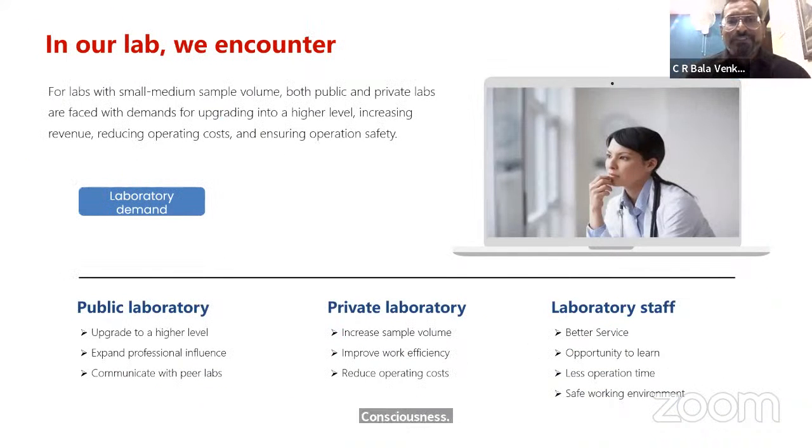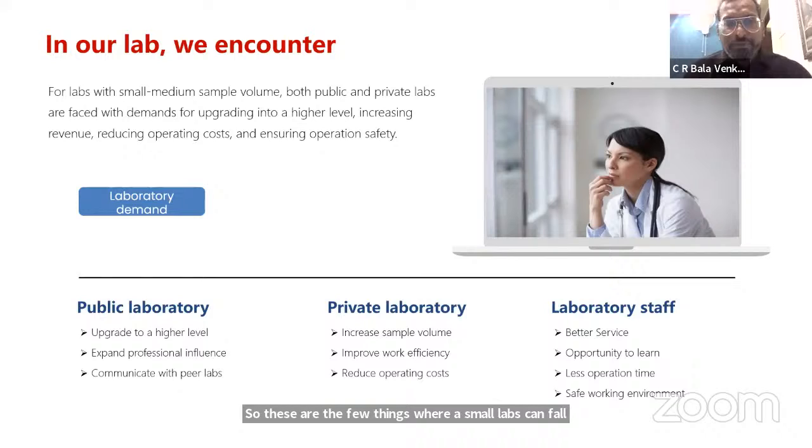These are a few things small labs encounter when moving to medium. You can see we have different kinds of laboratory requirements, like public laboratories, private laboratories, and laboratory staff. For the public laboratory, you can see upgrading to a higher level, expanding professional influence, and communicating with peer labs.